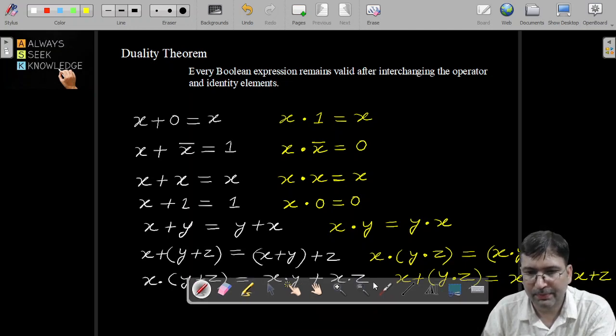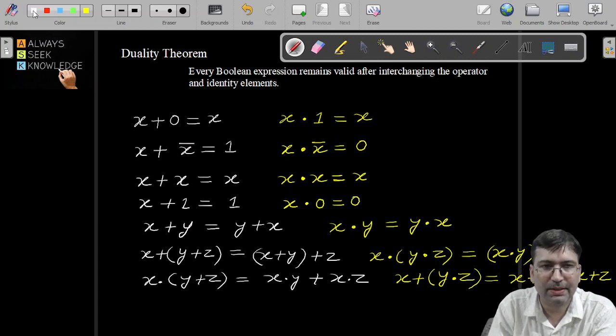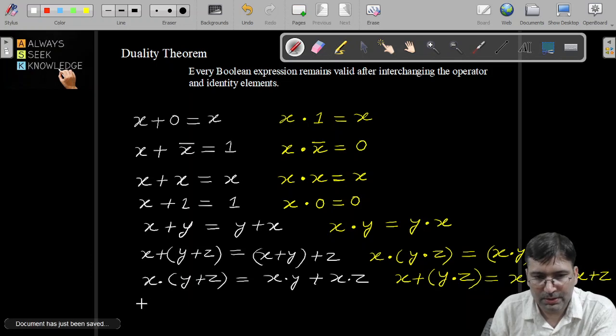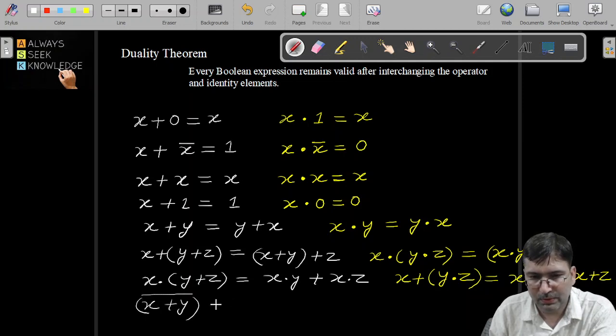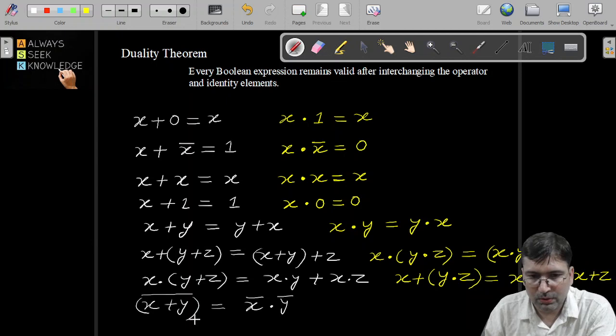Similarly, if we have De Morgan's law, De Morgan says that (x or y) complement will give us x bar dot y bar. So what will be the dual form for this? You tell me what will be the dual form for this.